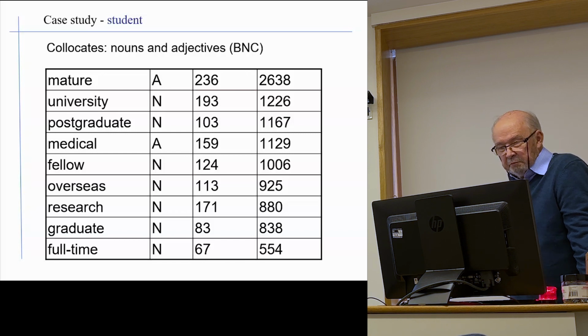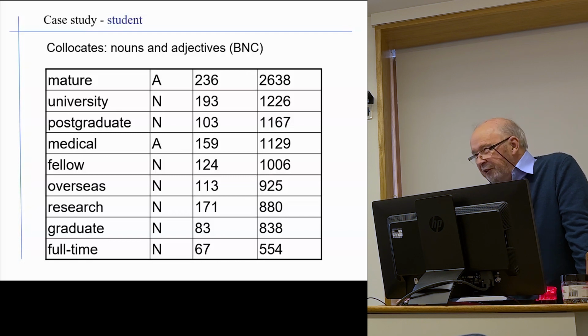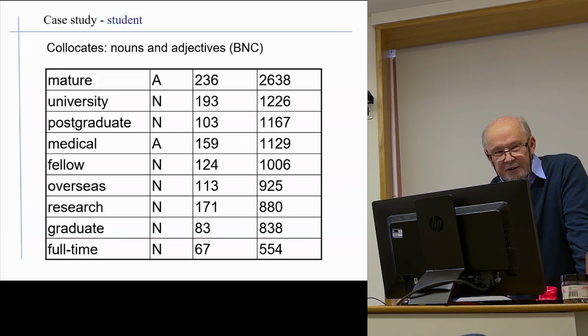Medical and mature, okay, it's an adjective, but it belongs to the type. So that struck me as interesting. We seem to have as the closest correlates of student things which are to do with the type of student rather than what they study.